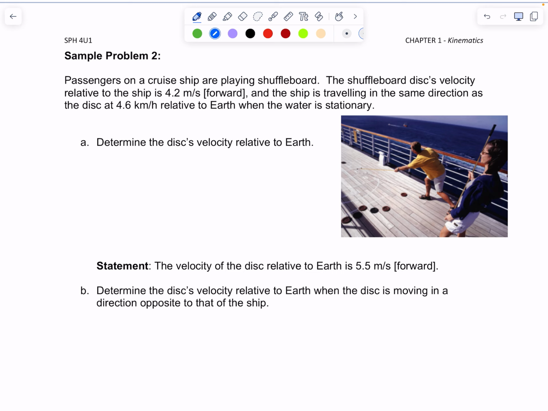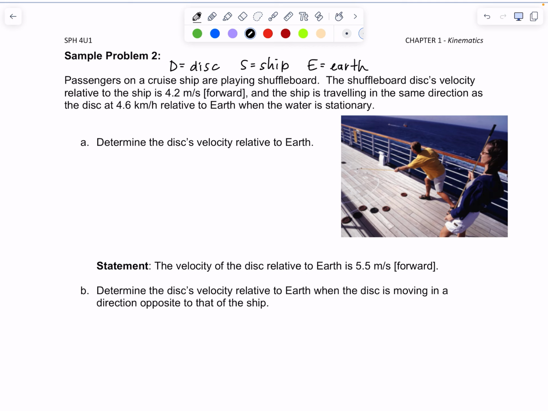A few things that I want to write. The disk, we're going to give the symbol D. S is going to be ship. E is going to be Earth.